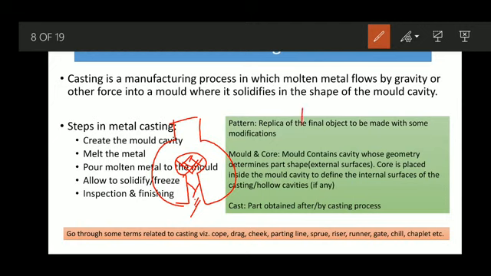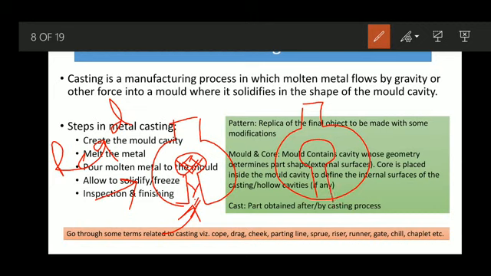So if this is the product needed, when I am making the mold cavity, suppose this is the mold cavity I am going to make, then as this is the hollow part, I have to have a core whose shape is something like this. This is the core that I have to place inside.